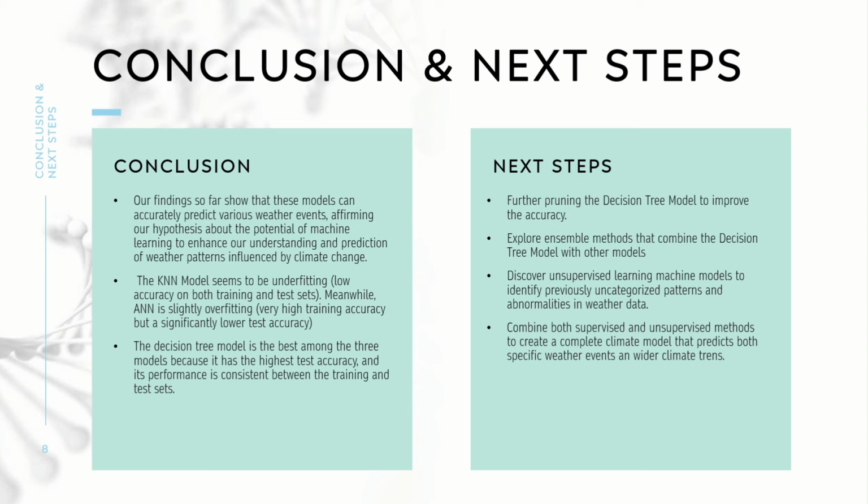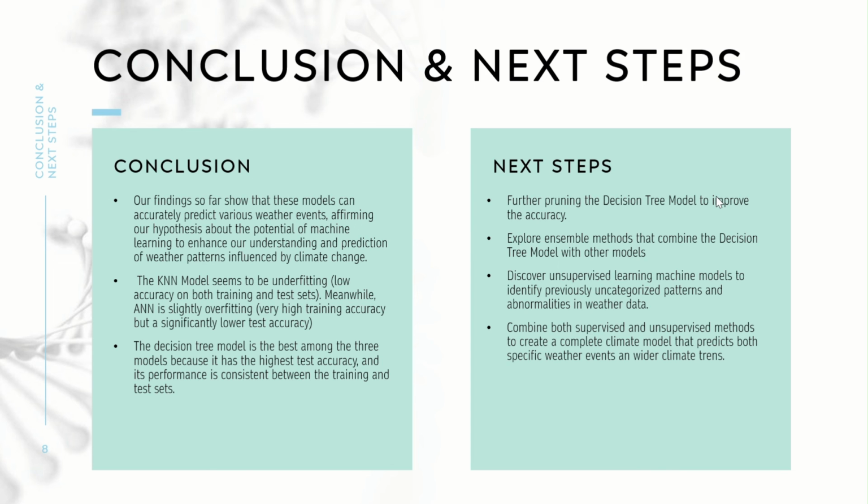The ANN model indicates overfitting with very high training accuracies but lower test accuracies. In conclusion, the decision tree model seemed to have the best performance among the models, with consistent accuracy across training and tests. Finally, here are my recommendations for future work.